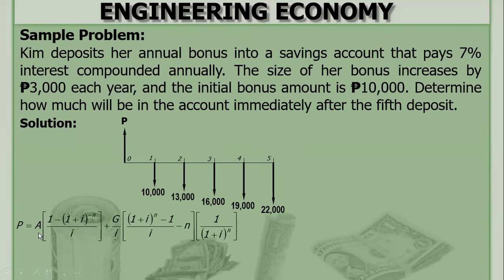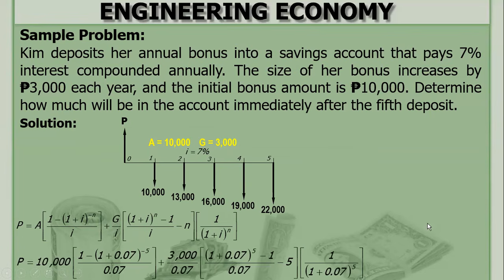So this is the formula of P. First component, ordinary annuity, and then second component is the gradient part. I is 7%, our A is 10,000, and our G is 3,000. Positive, no? Because it is increasing. So, substitute in the formula.